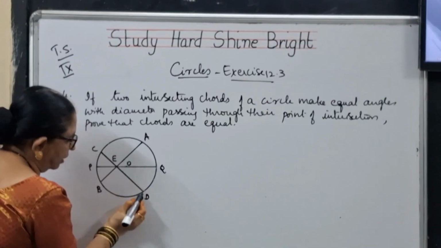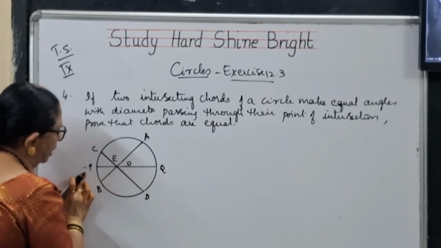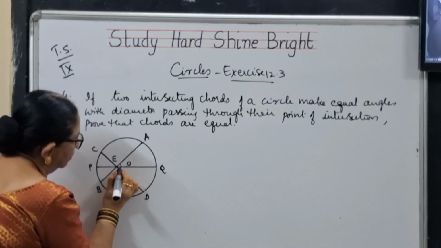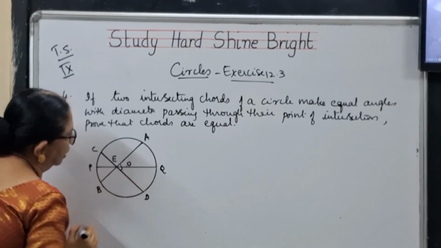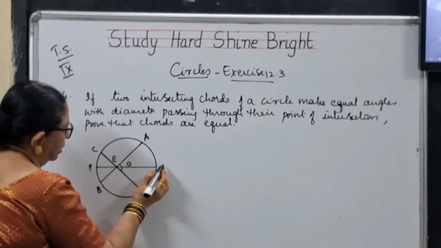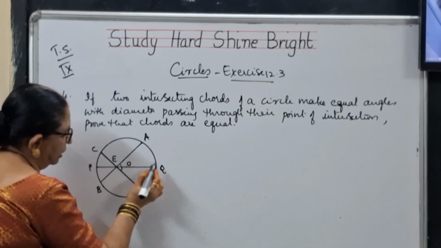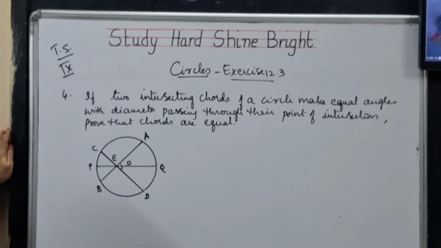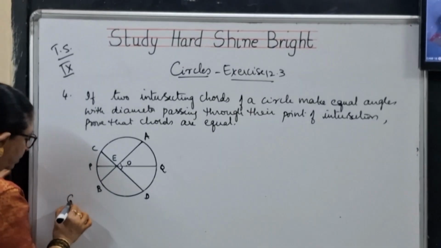That means this angle and this angle are equal. AEQ is equal to DEQ. This is given to us. Now we need to prove that the two chords AB and CD are equal. So what is given to us?